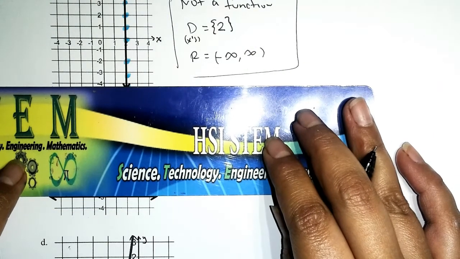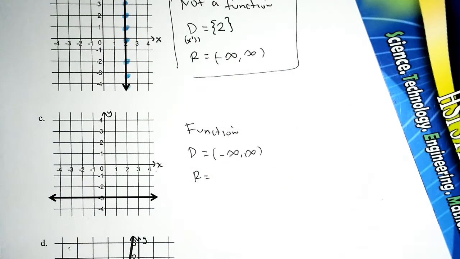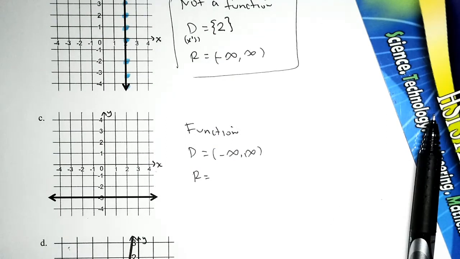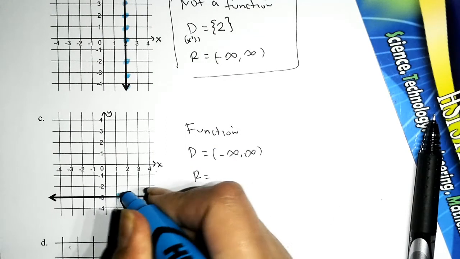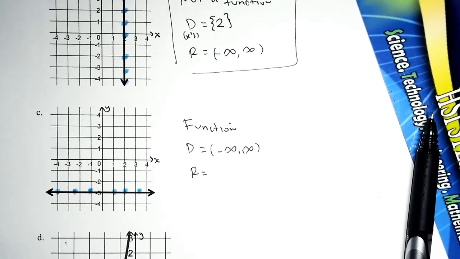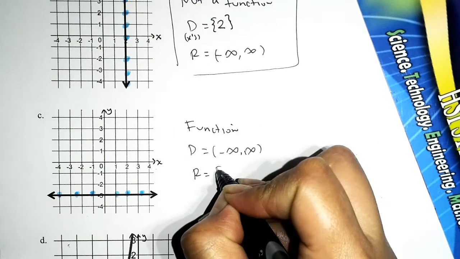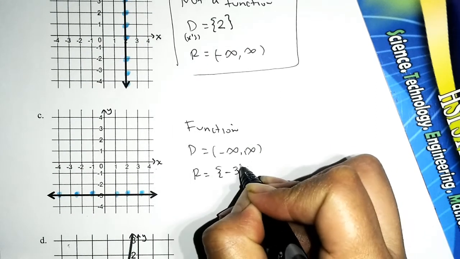What is the highest value of y? Negative 3. So there's only one element. It doesn't matter where we are on this line, the value of y is always negative 3. So if there's only one element, then we don't write it in interval notation. In this case, it's going to be the set containing negative 3.